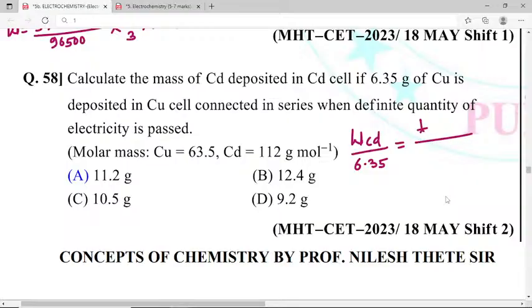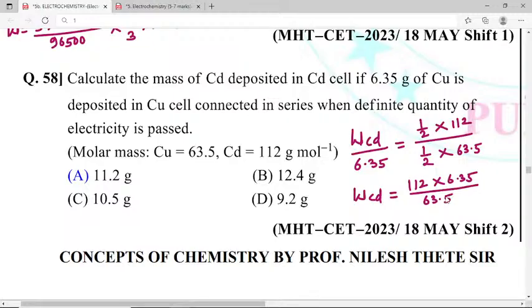Cadmium mole ratio is 1 by 2, copper mole ratio is 1 by 2, multiply by cadmium molar mass 112 and multiply by copper 63.5. So the 1 by 2 gets cancelled. Weight of cadmium deposited is 112 multiply by 6.35, and this whole divided by 63.5. So we get the answer 11.2.